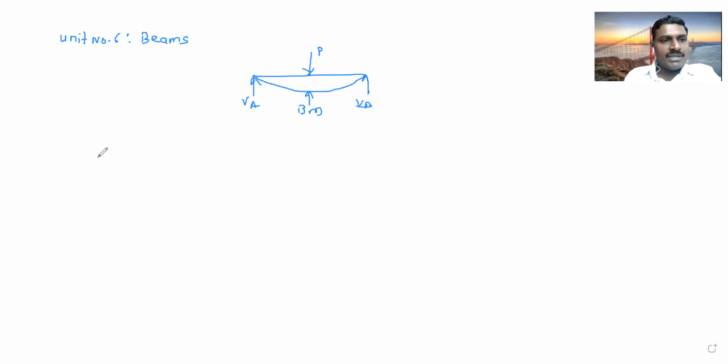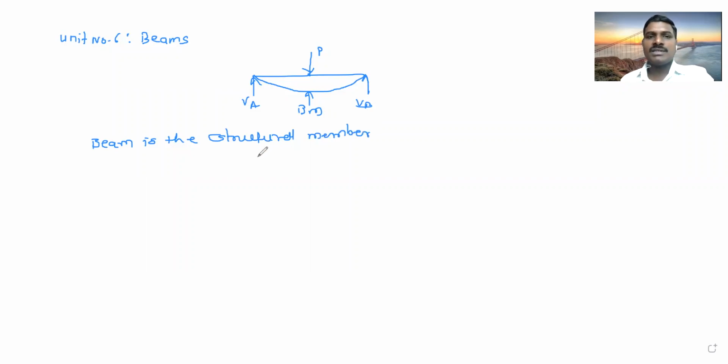So if we write down the definition: beam is the structural member. As I told you, structural means the member under loading condition. Whenever the word structural comes, we have seen the definition of tension member and compression member, where the word structural came.